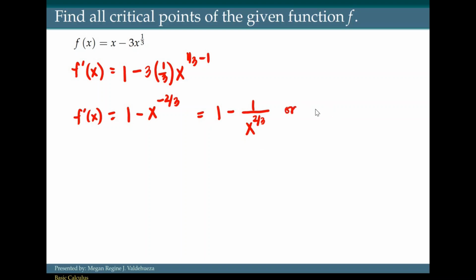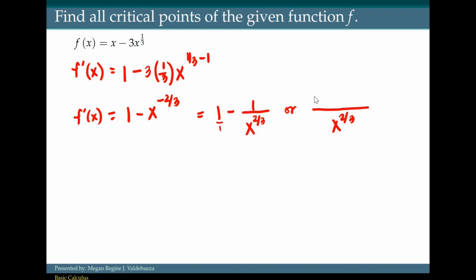Or, we can always simplify this one, since the denominator or the LCD is x to the power of 2/3. LCD divided by the denominator 1, right? This is just over 1.